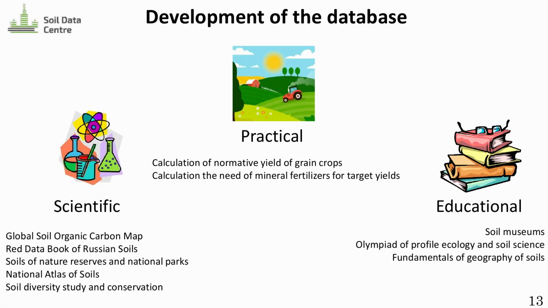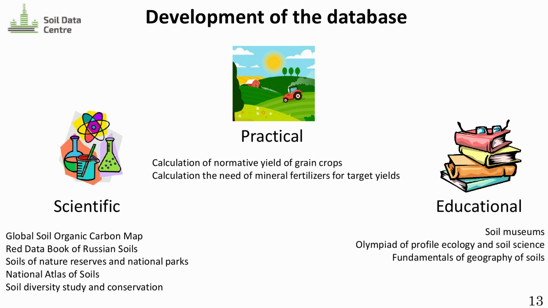So about scientific work, I can say that Moscow State University does first of all a lot of fundamental investigation, and a lot of them keep in touch with our soil data center.